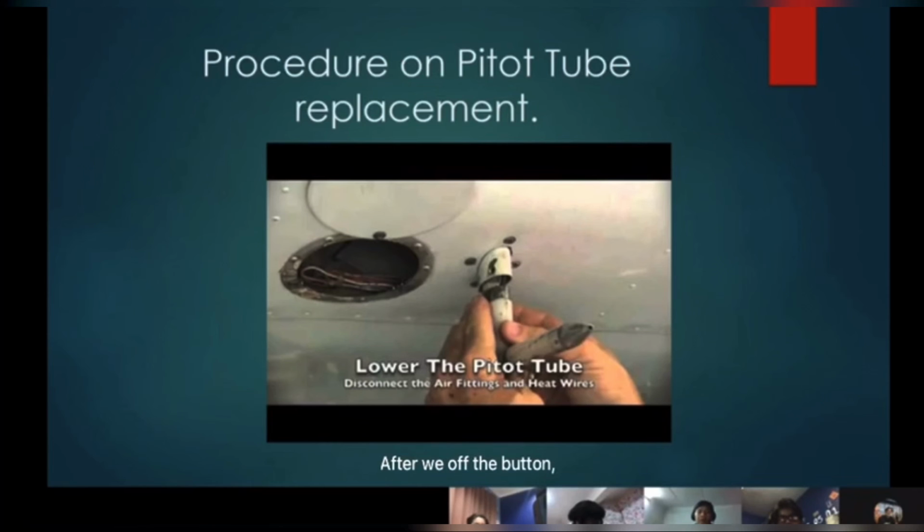After we turn it off, the cleaning process. Clean any FOD matter out of pitot tube by using safety wire. Run a piece of safety wire first down to the throat of the pitot tube, like this. Second, down to the drain of pitot tube, like this.